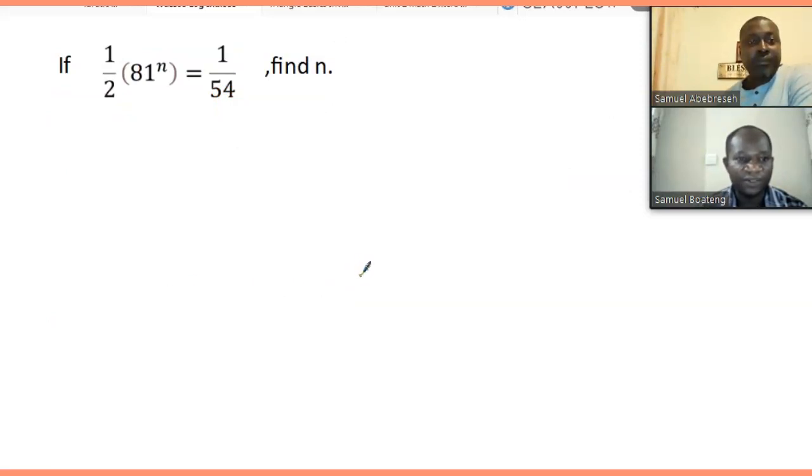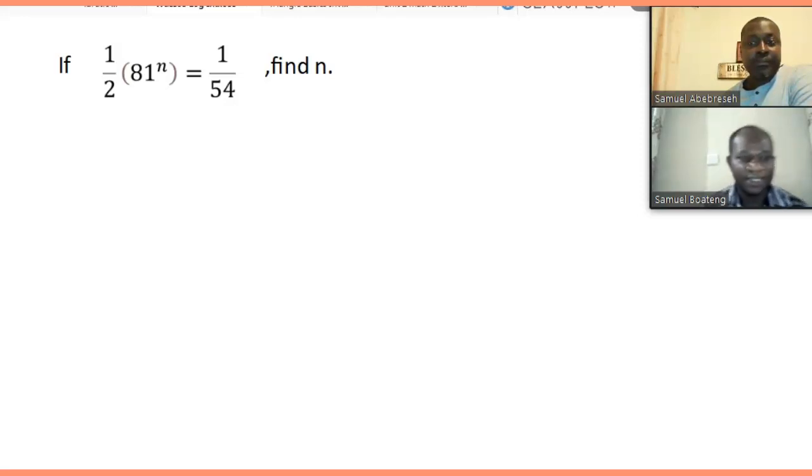We have another question. If 1 on 2 times into bracket 81 raised to the power n is equal to 1 on 54, find n.